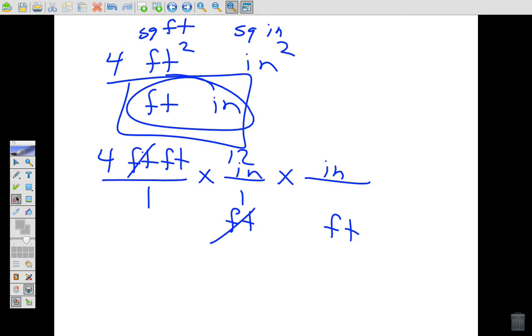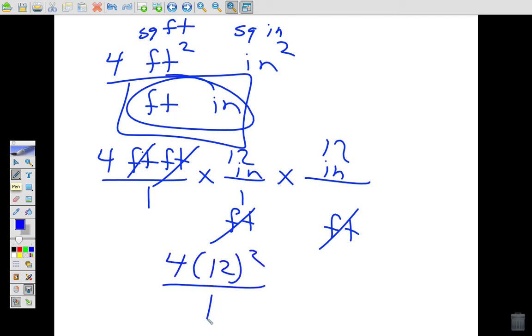Then I do the same thing over here, and then my other pair cancels out. So what's left in the top? 4 times 12, or 12 squared, over 1. Or you could just say 4 times 12 squared. And what's left is inches times inches, or inches squared. And that's how we converted area.